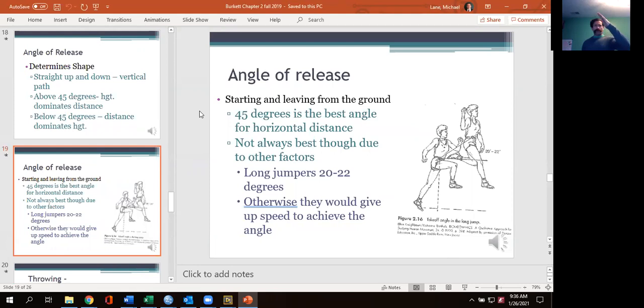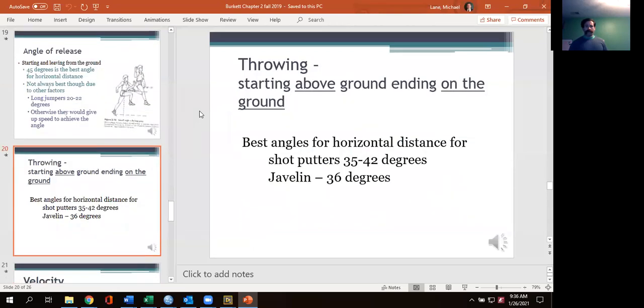We're not all the way up at that 45, much less way higher beyond that. The simple reason for it, if they were to go at a higher release angle, they would effectively give up too much speed for that higher essential jump angle. So we still need to think about what's going to be the most optimal.